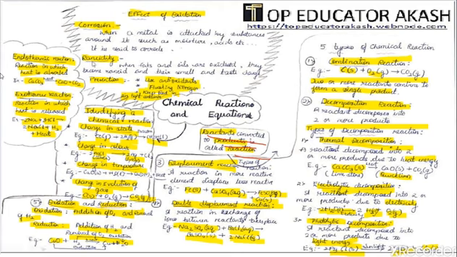Next is rancidity. When fats and oils are oxidized, they become rancid and their smell and taste change. Why does it change? It is due to oxidation. When oxygen reacts with fats and oils, it changes their smell and a foul smell is smelt. So how to prevent this?